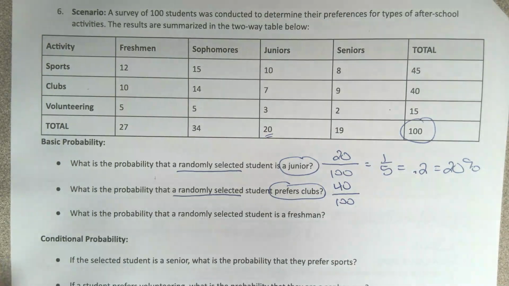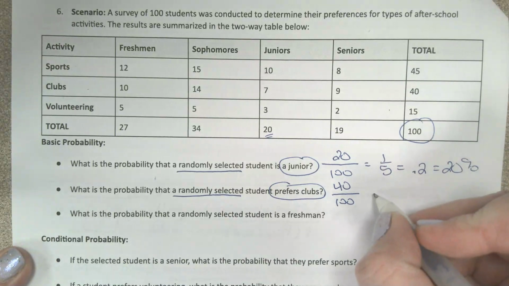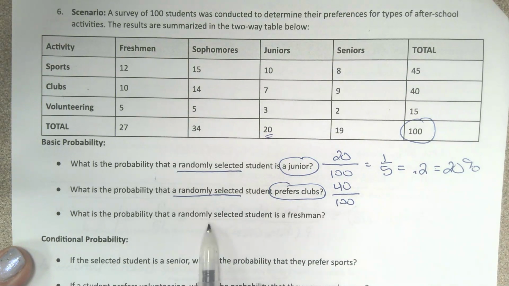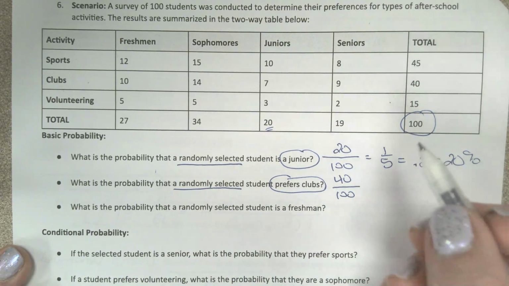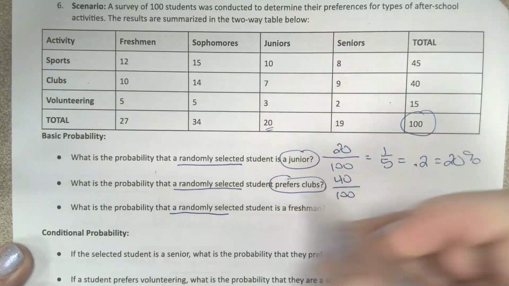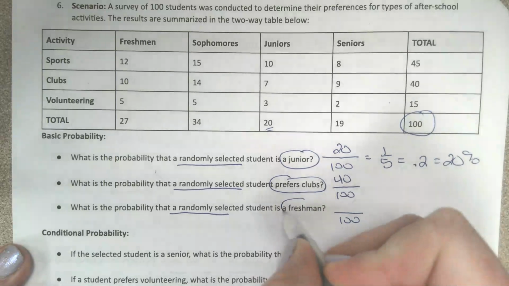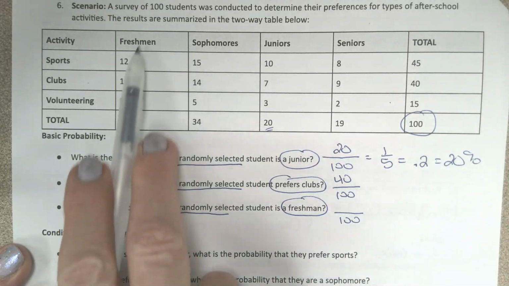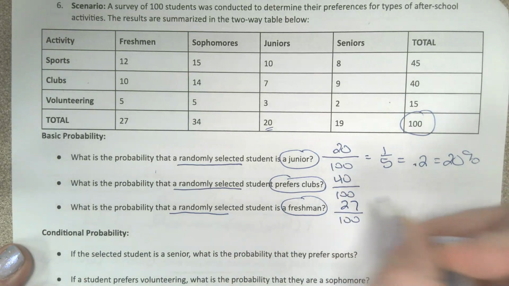So 40 students prefer clubs, and you could reduce that many different ways. What's the probability that a randomly selected student is a freshman? Randomly selected, we seem to be talking about everybody. Freshmen: now we're back to looking at a column, and its total is 27.